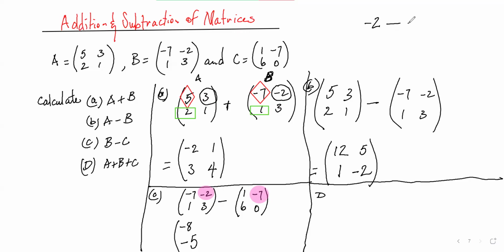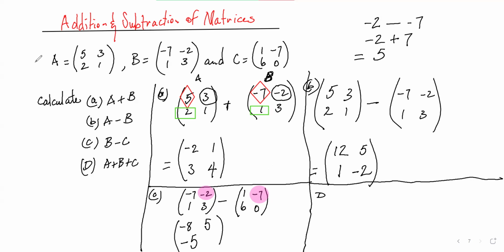Minus negative 7. Now, a minus and a minus gives me a plus. So negative 2 minus negative 7 is equal to negative 2 plus 7. And that is equal to 5, people. A minus and a plus means to subtract the two numbers. So that gives me 5.